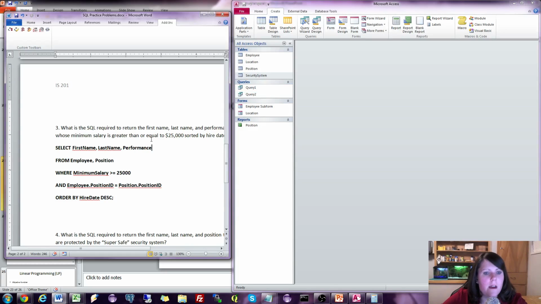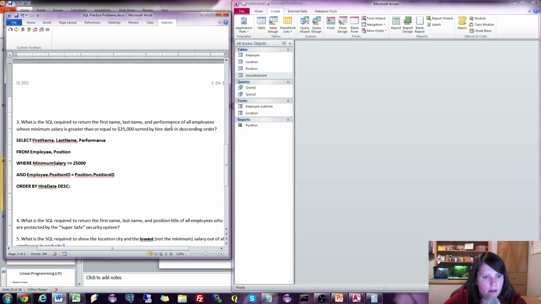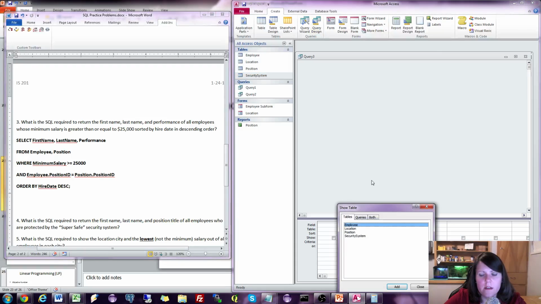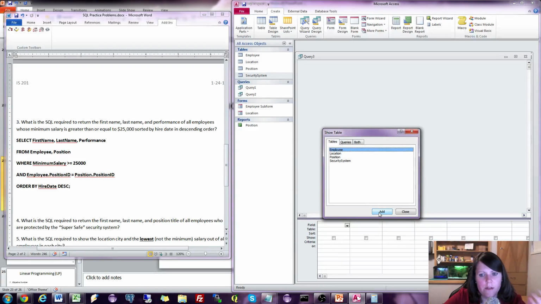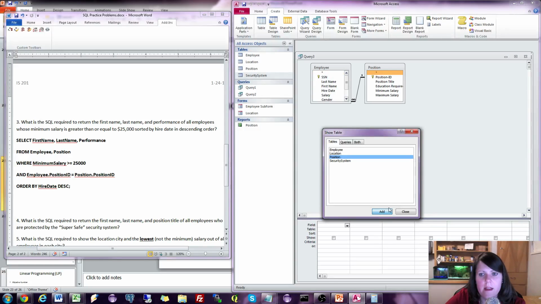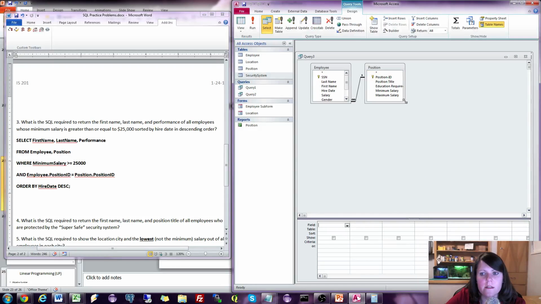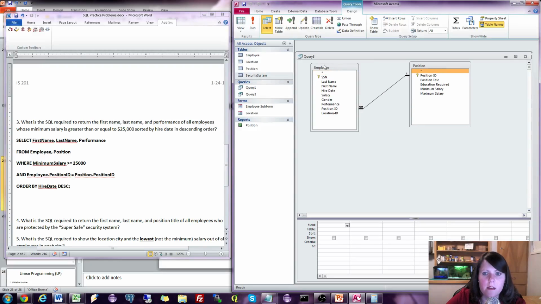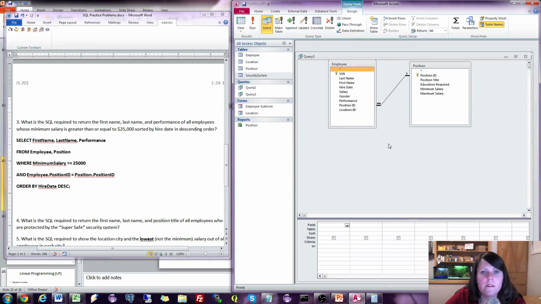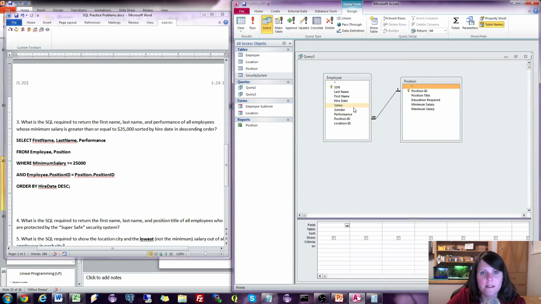Let's take a look at how we would do this in Access. Create query design. I was just saying I need the employee and the position table. And I think some people struggled with this, so I want to say it again. Very often, if your query isn't working, it's because you are asking for data that it can't get to because it doesn't have the link.